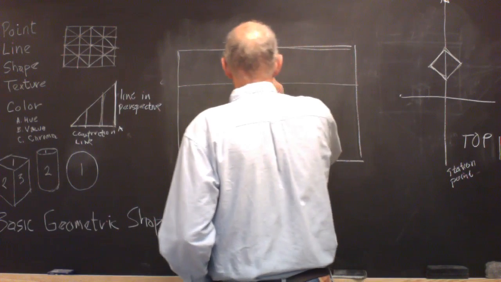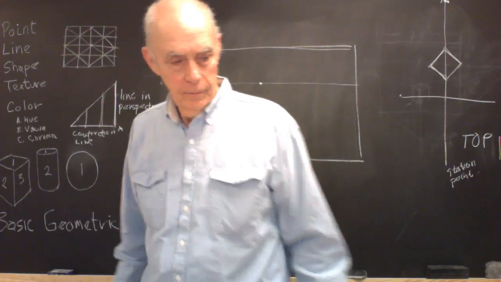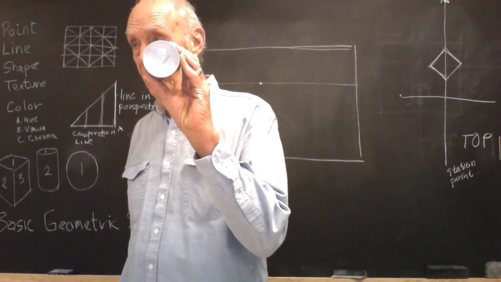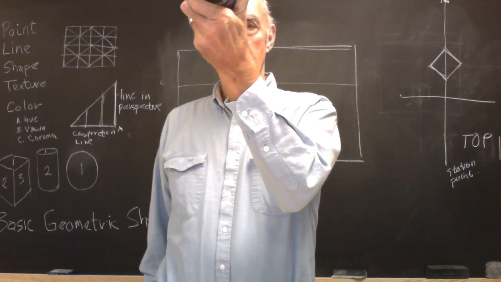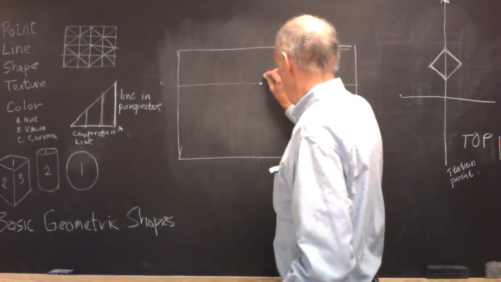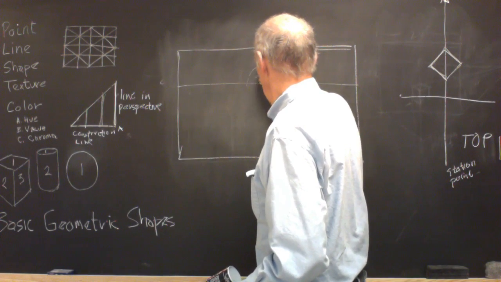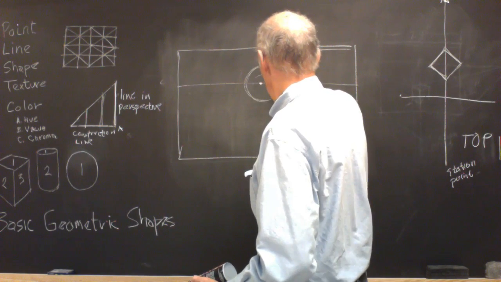Now if I have a circle, like the end of this thing right here, and I put it right here in front of me, my eye level, there will be a circle.